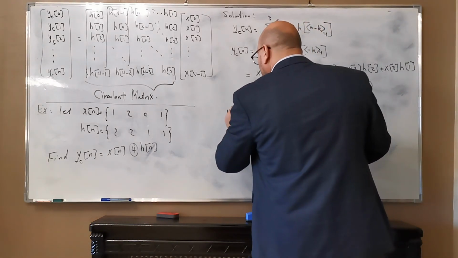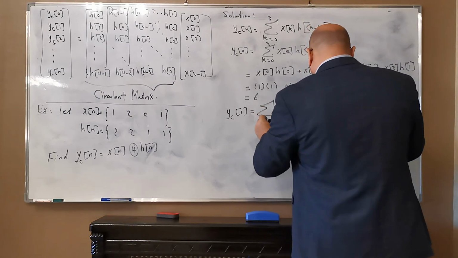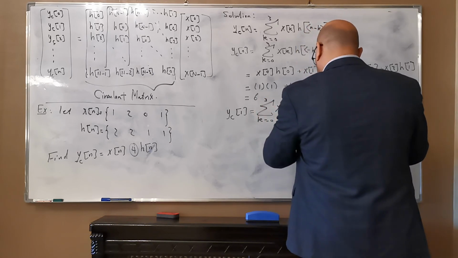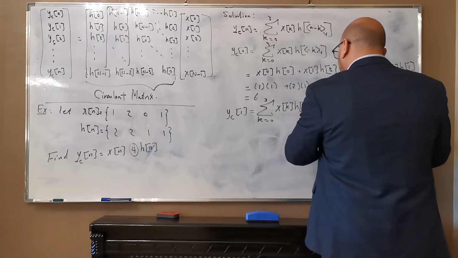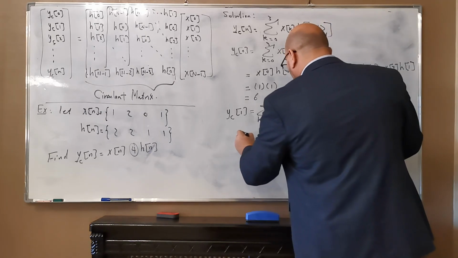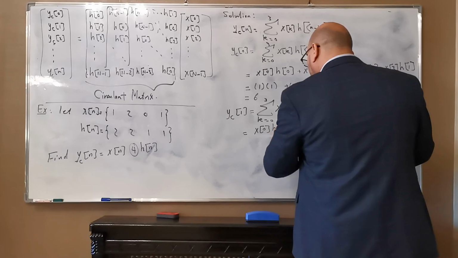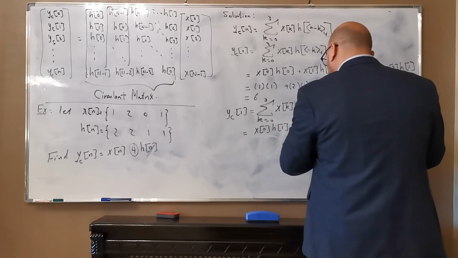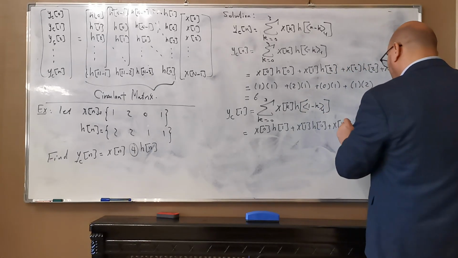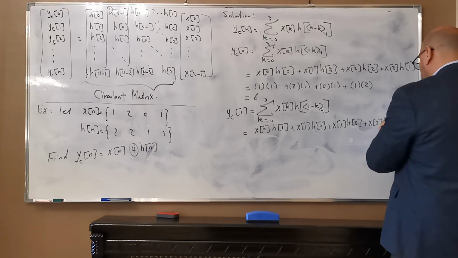yc of 1 is equal also to the summation from k equals 0 to 3 x of k h of 1 minus k modulo 4, and this equals x of 0 times h of 1 plus x of 1 times h of 0 plus x of 2 times h of 3 plus x of 3 times h of 2.